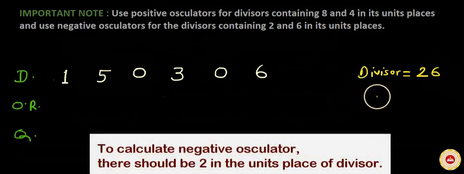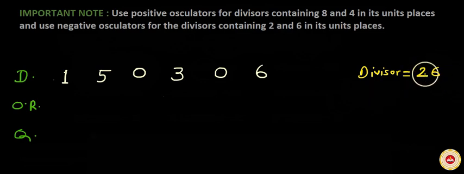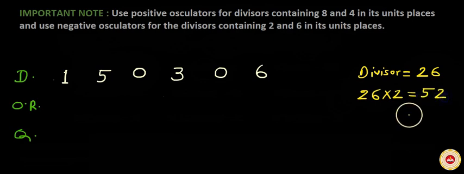How to calculate the negative osculator? To calculate it, we need 2 in the units place of the divisor. So let us convert this 26 into a number which contains 2 in its units place. Multiply 26 by 2, and you get 52.